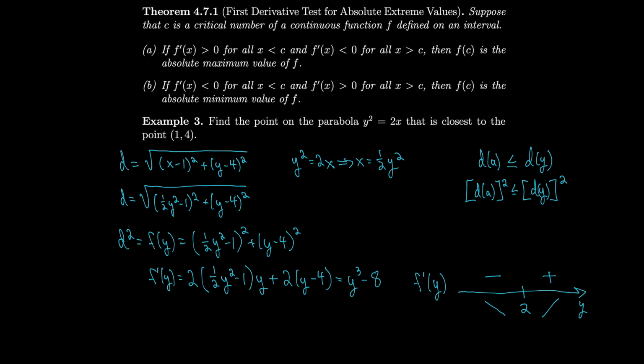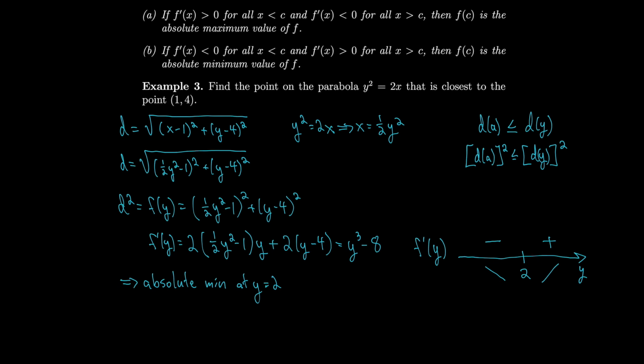So by our first derivative test for absolute extreme values, this implies that there is an absolute minimum at y equals 2. Because it goes down until it hits 2 and then goes up, and it never has any other chance to escape anywhere else.